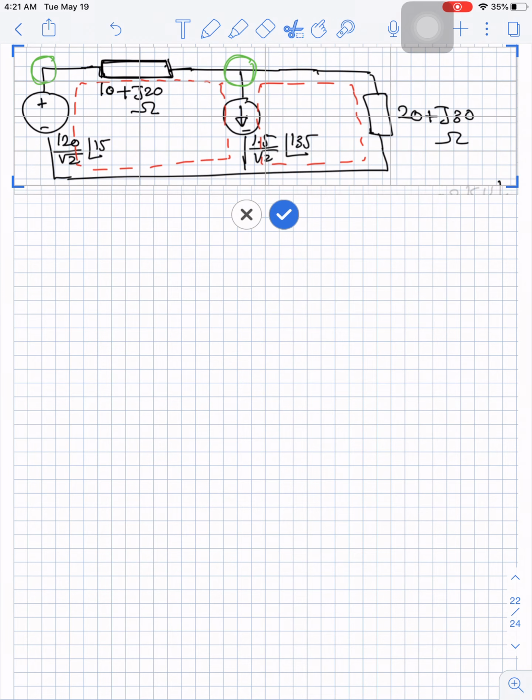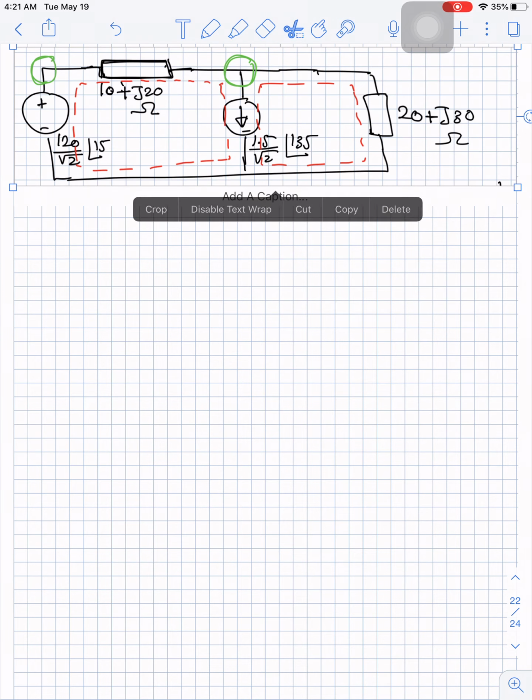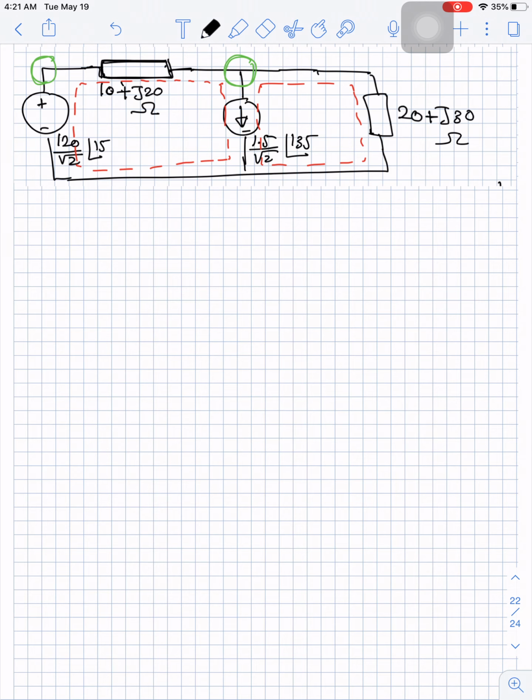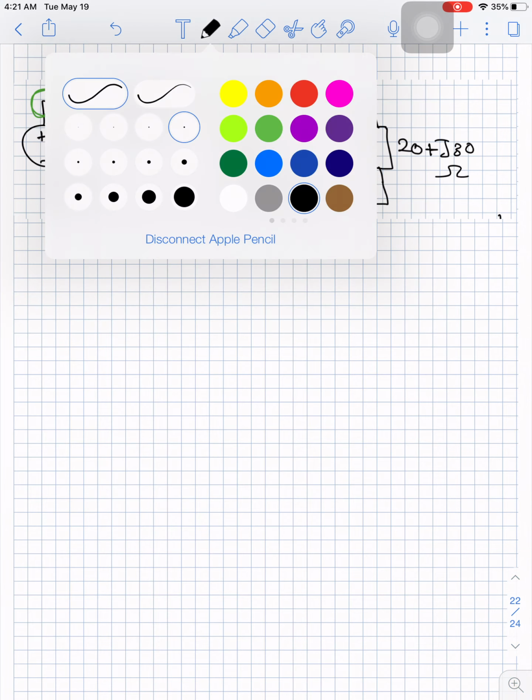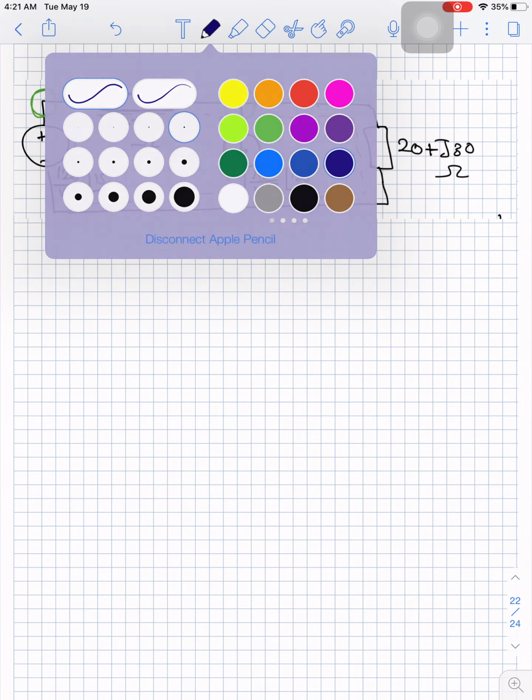Okay, let's see how we will deal with this circuit. How we deal with circuits, we said we start by assuming currents, and after we assume currents, we apply KVL. So let's start by assuming currents.